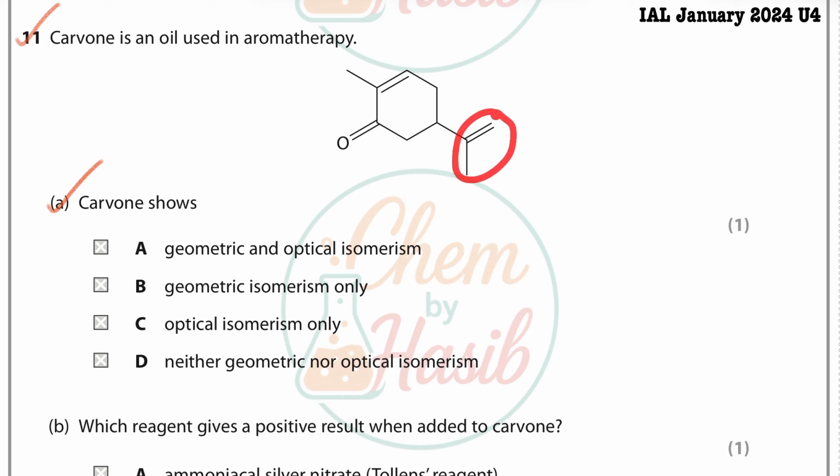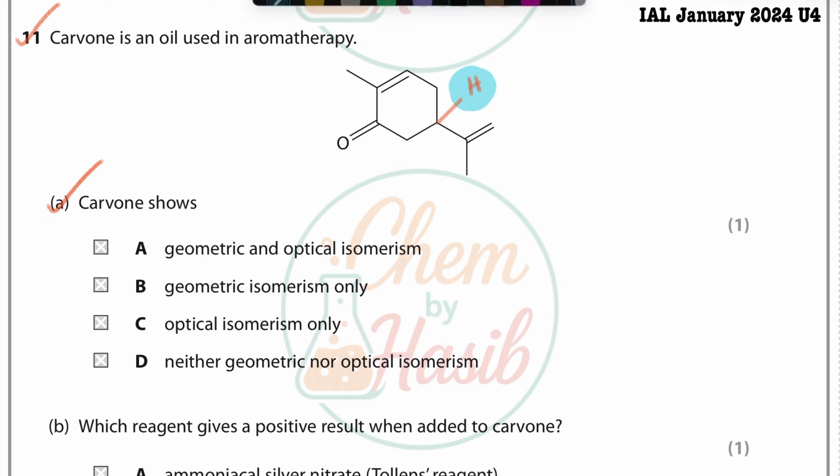This carbon is attached to four different groups. That's one group, that's another group, and that's another group, and there's a hydrogen atom here. So four different groups, because there's a hydrogen here.